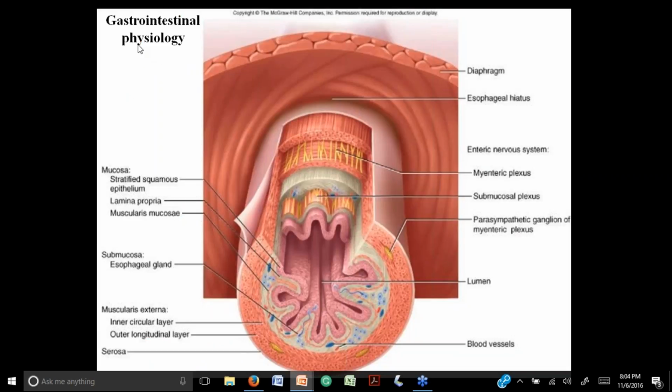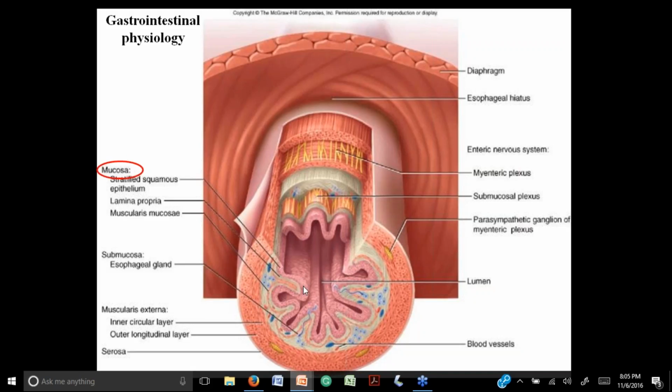All right, so here, just to show the cross section of the wall of the intestine. We are going to start with the mucosa, and in the mucosa you can see these foldings, and they have many components.